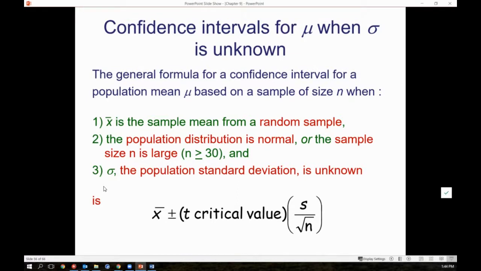So it's x bar plus or minus t critical value times s, our sample standard deviation, divided by the square root of n.